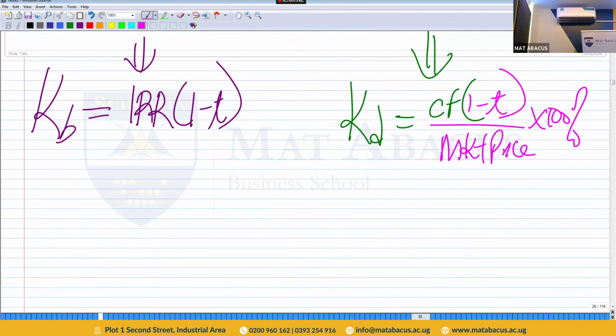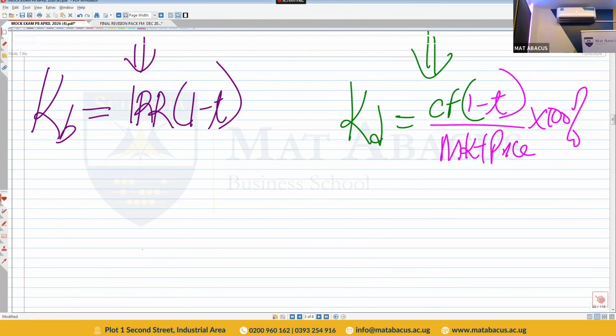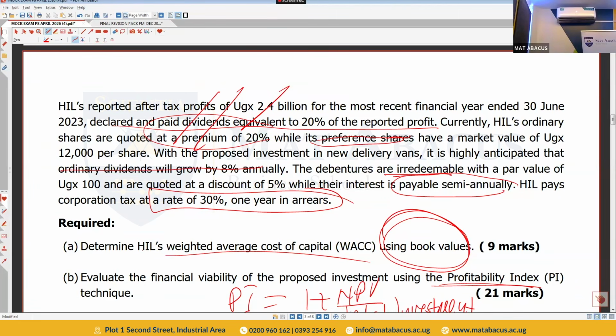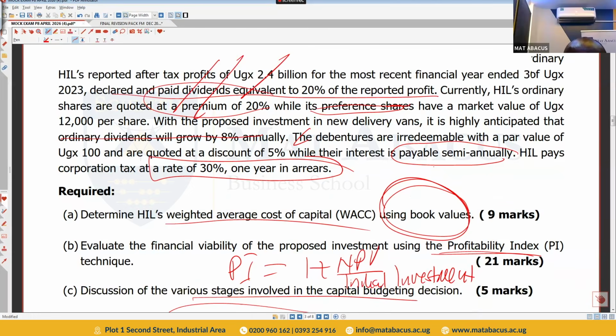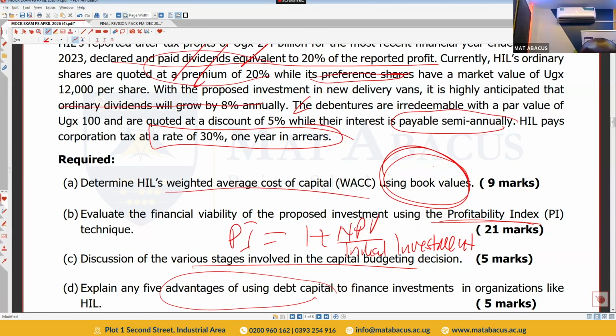Therefore, we are going to go through the case and check our debenture. Is it redeemable? Now, the debenture is carefully indicated that the debenture is irredeemable with a par value of 1,000. Write that.